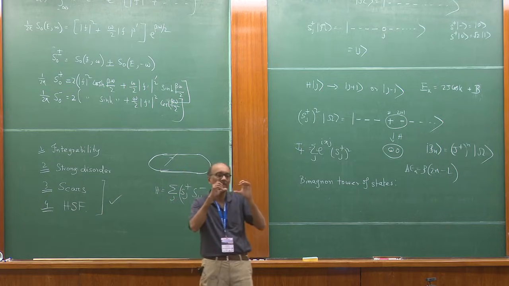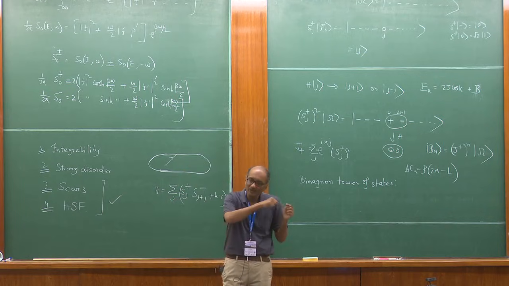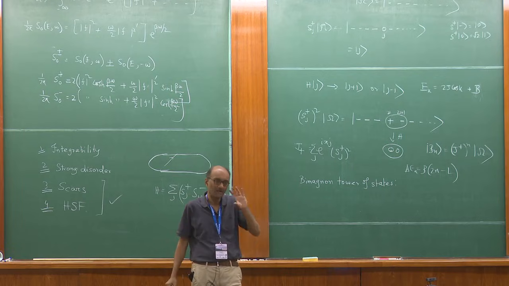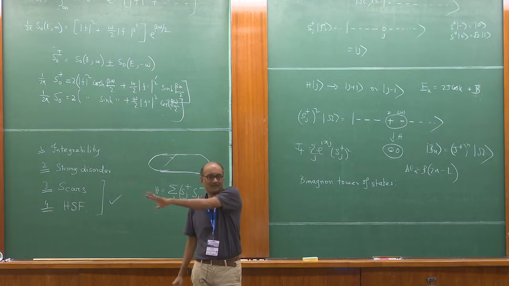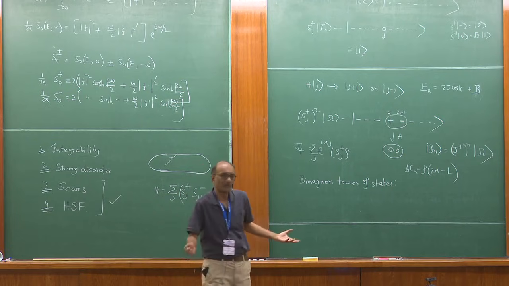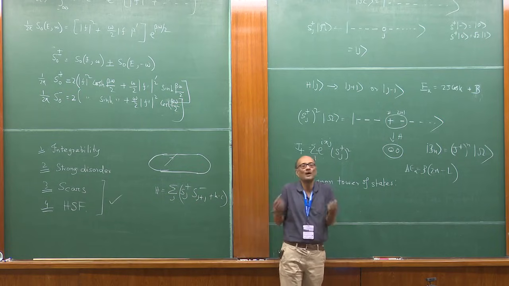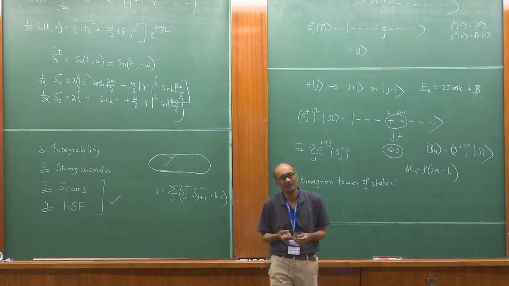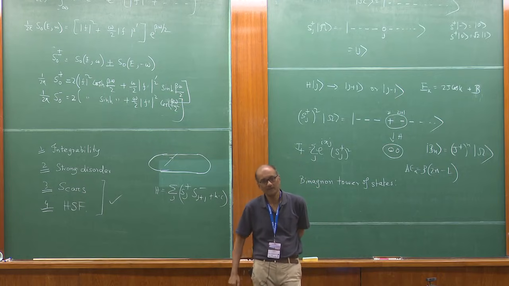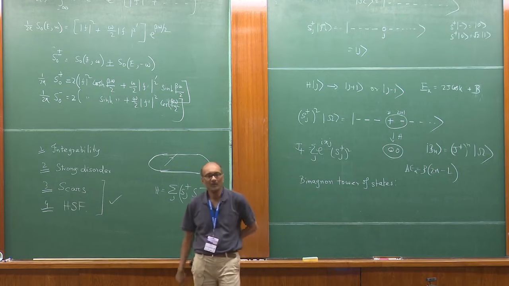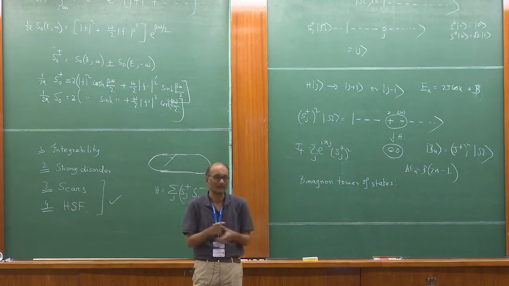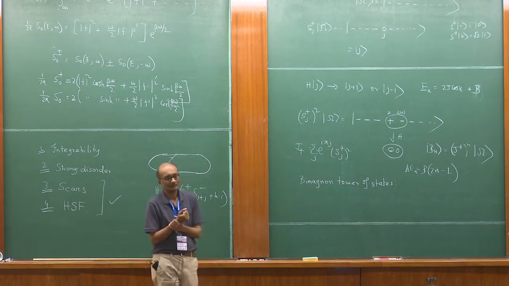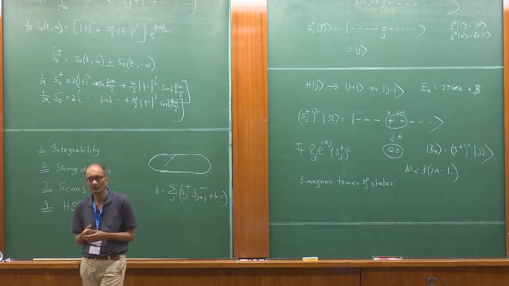So it is going to give me all states with one up-down pair at different sites. But then, of course, I can also think of having two up-down pairs. Then I have to apply J plus again and so on and so forth. So in general, you can have n such pairs. And of course, n is constrained only by the system size. So n can be at most L by 2.